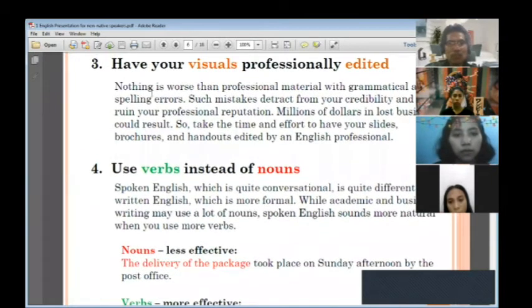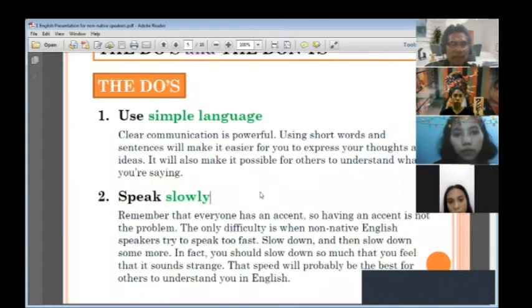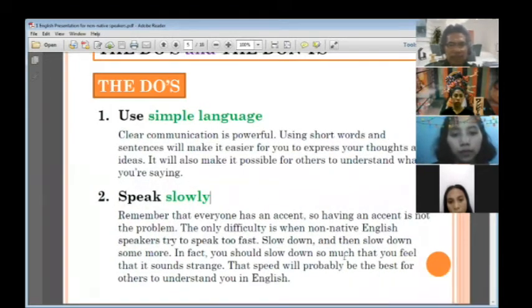Number 2, speak slowly. Speaking slowly is to remember that everyone has their own accent, and accent can be a problem.